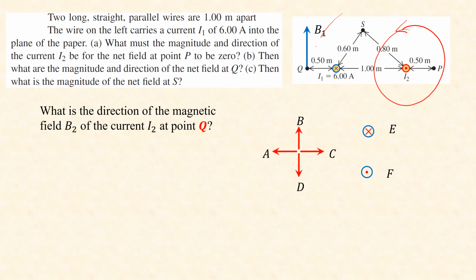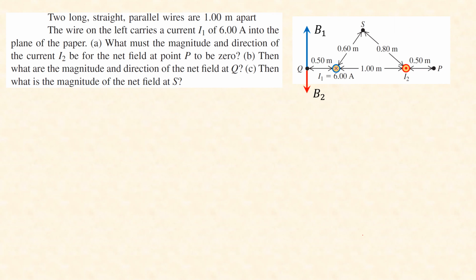So again, at this point also counterclockwise, so it will be down. So it will be like this. Of course, B1 is bigger because I1 is closer and bigger. So we have a net magnetic field upward.